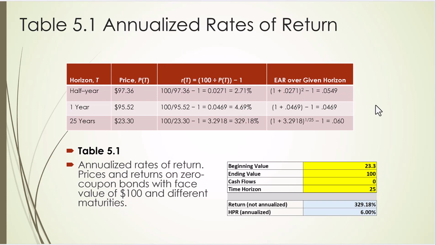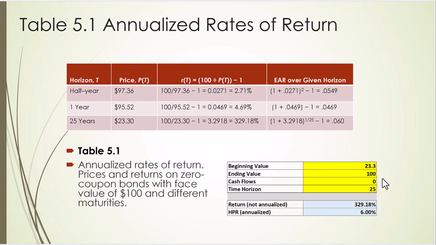Again, we can do this for lots of different assets. This is just an ongoing example here of what you would do with a zero coupon bond. A zero coupon bond has an ending value of 100 or 1,000, depending on the bond. In this case, we'll say this bond is selling for 23.3.